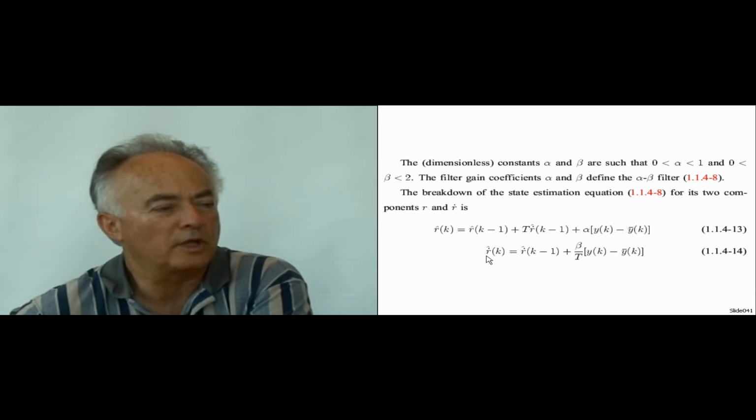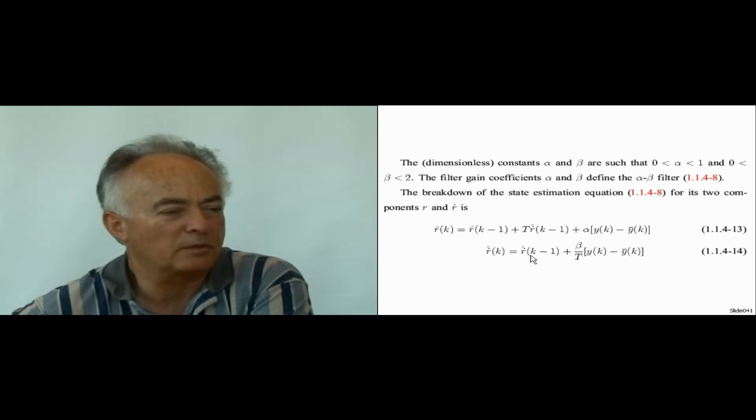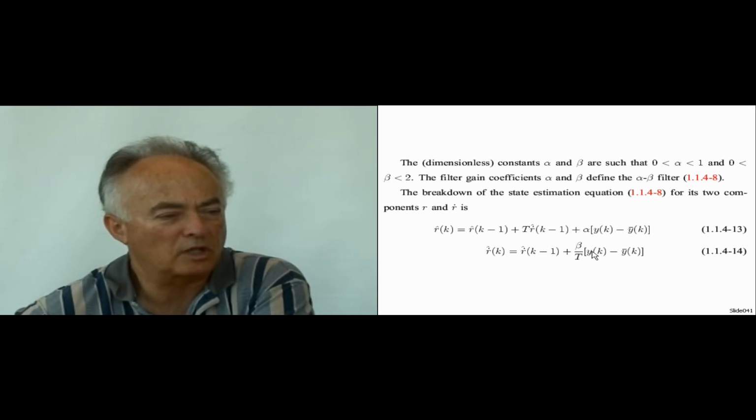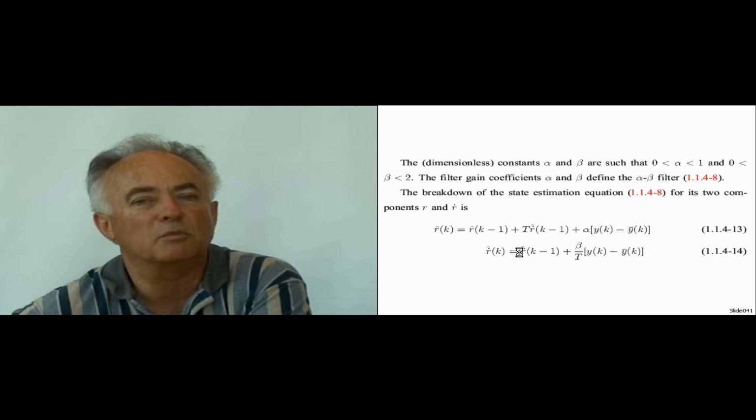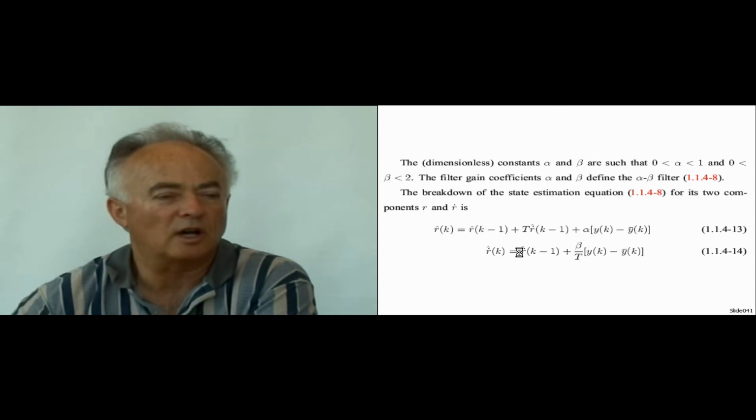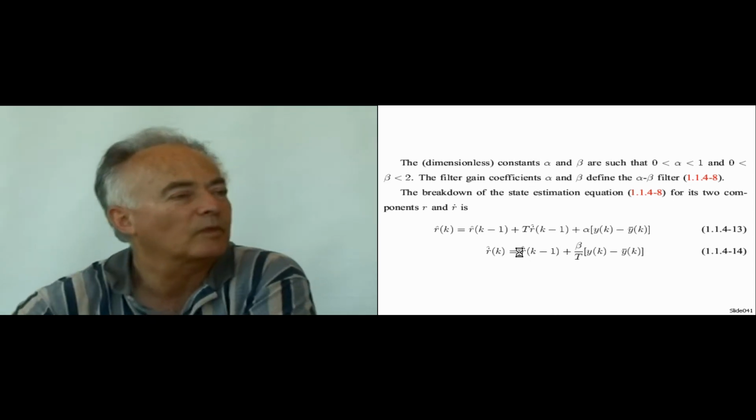The new updated range rate is the previous updated range rate plus beta over T times the residual. And now you can see that this is position, beta is dimensionless, this is time, so this beta over T converts a position into a velocity. It's very important that the physical dimensions of these quantities are consistent now.